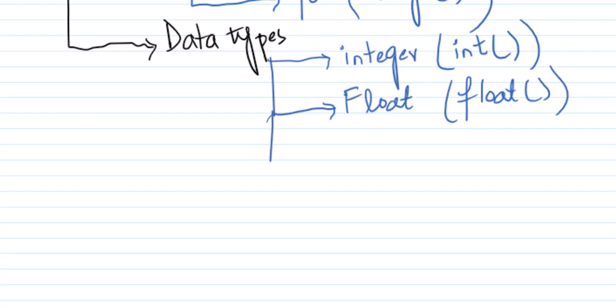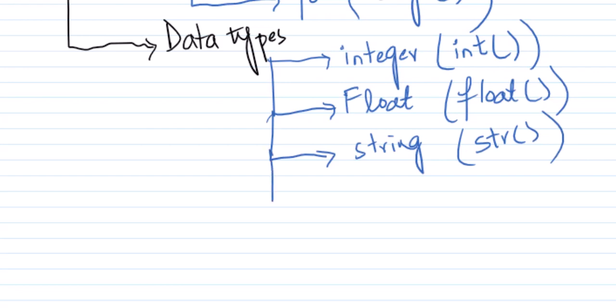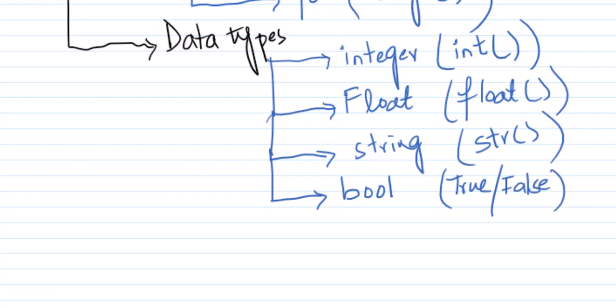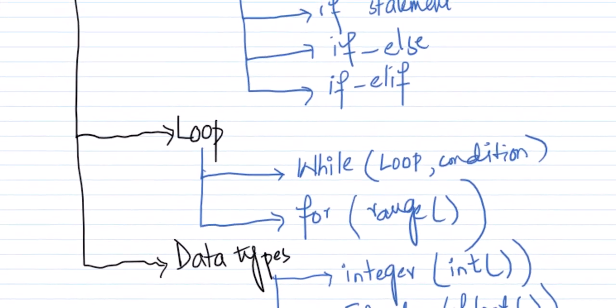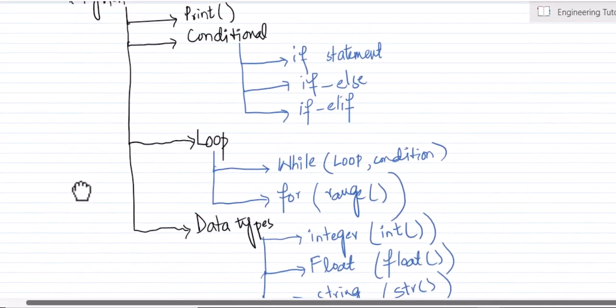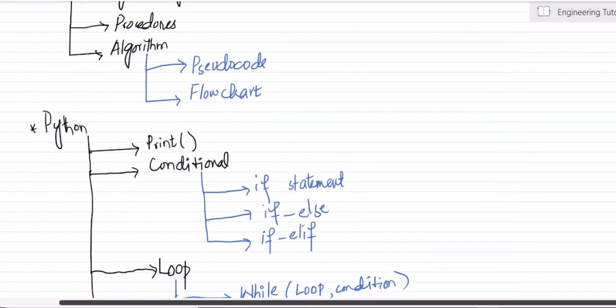After it, we discussed the string data type, and again str here, and after it the bool data type, which just tells us true or false statements. So we discussed all these, which are called the basic things in Python programming.